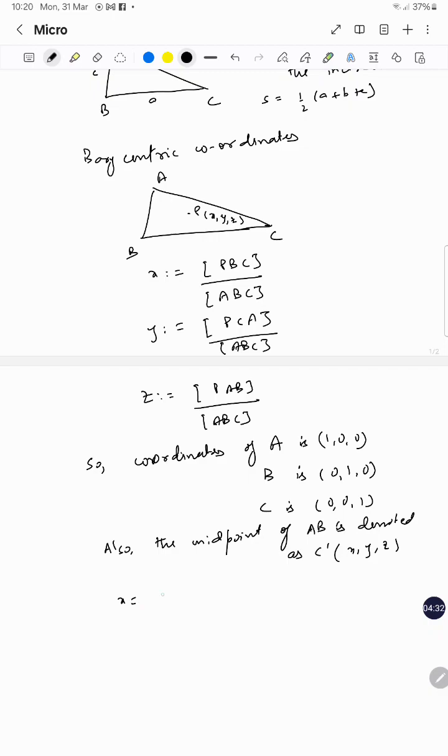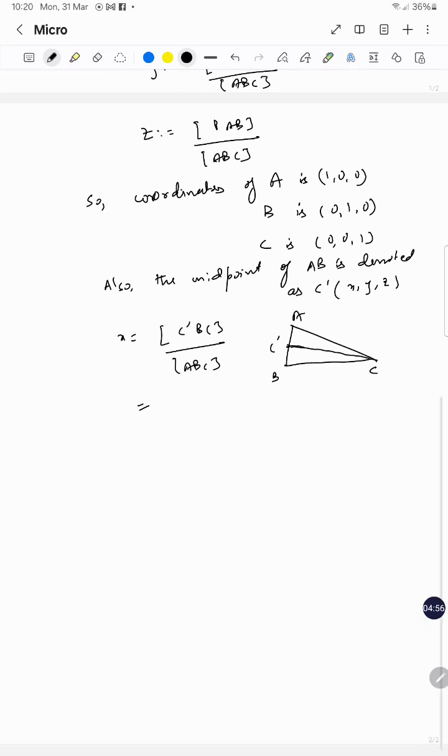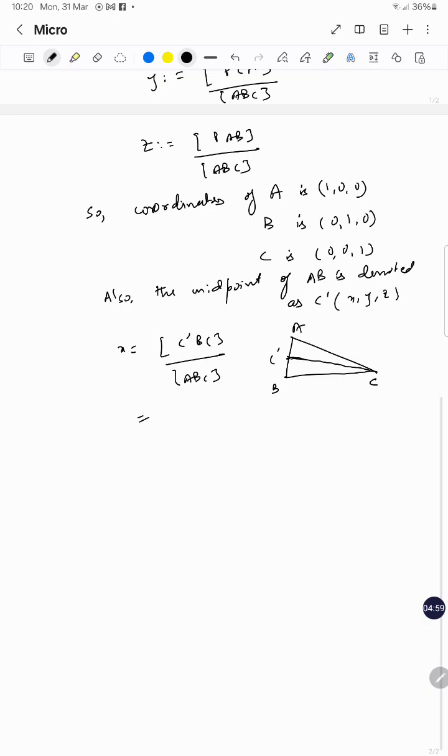Then x is the area of triangle C prime BC upon the area of ABC, and because CC prime is a median, C prime BC is half the area of ABC.